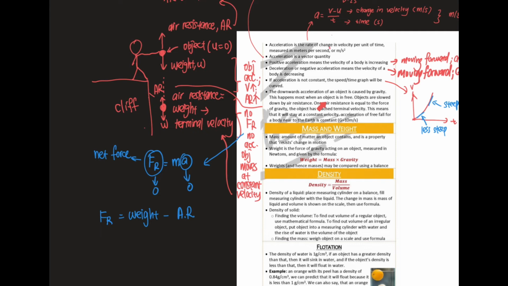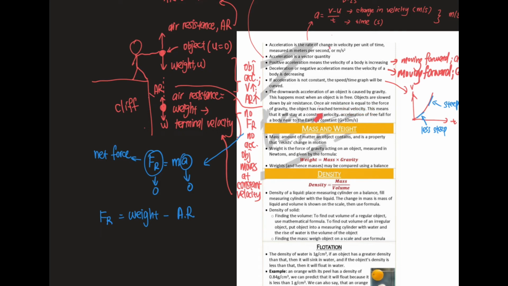This happens most when an object is in free fall. Free fall means you release the object, you let it fall freely. Objects are slowed down by air resistance. Air resistance is acting upwards, so that's why it makes the acceleration decrease.